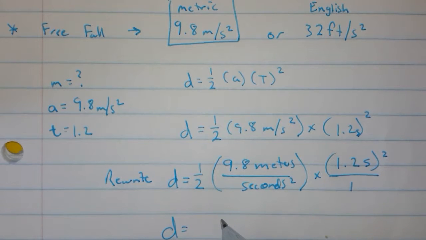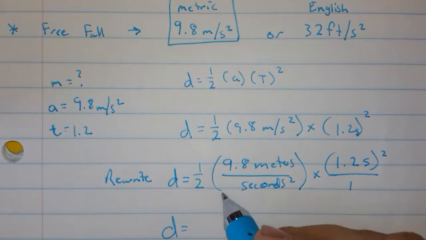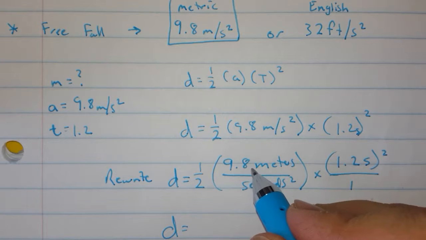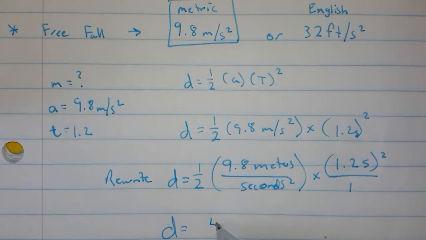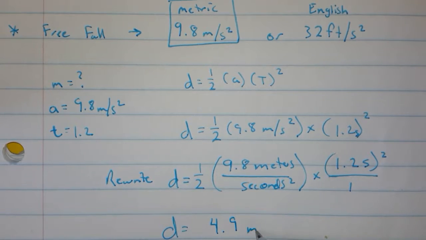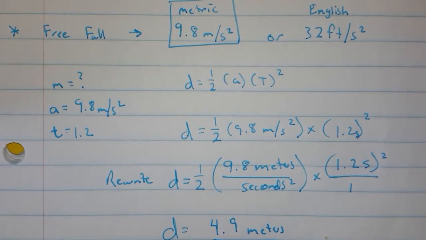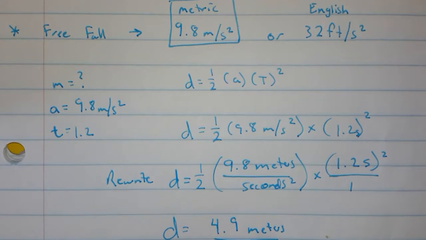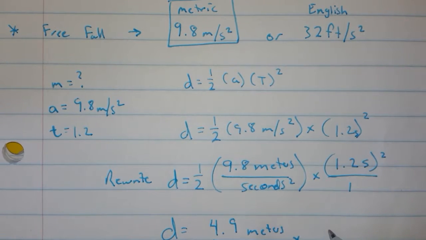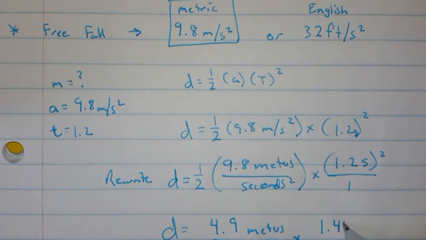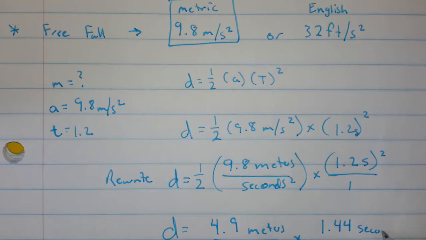Half of 9.8 is going to be 4.9. If you do 0.5 times 9.8, or just divide this in half, we're going to have 4.9 meters per second squared times 1.2 seconds squared, which is 1.44 seconds squared over 1.